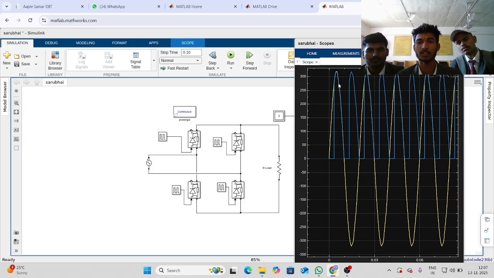This yellow line shows the positive cycle, and this is the negative end, and this blue line indicates the half cycle, that is positive to negative.